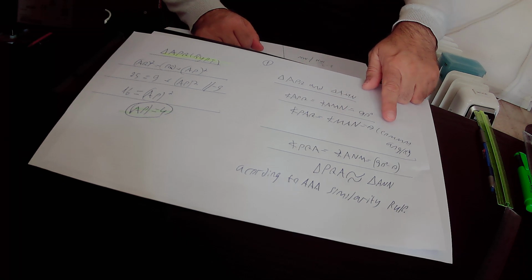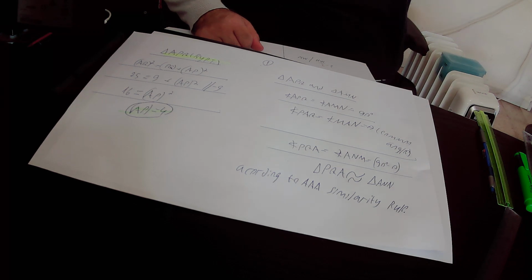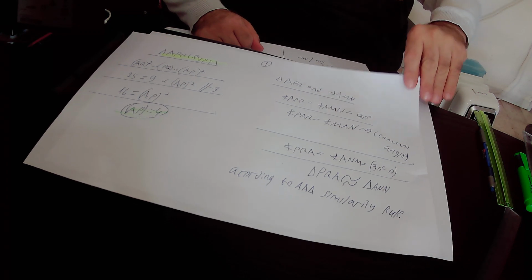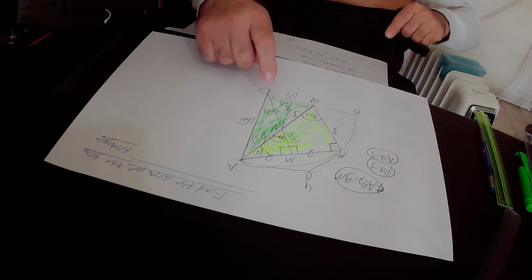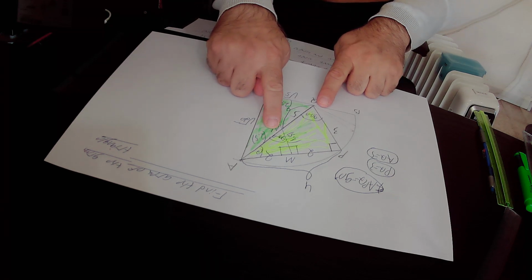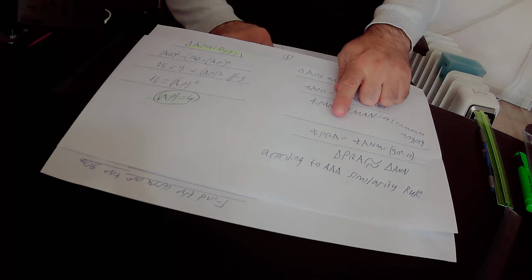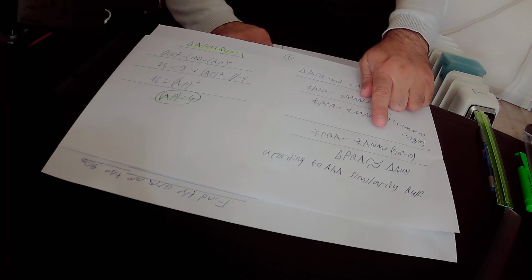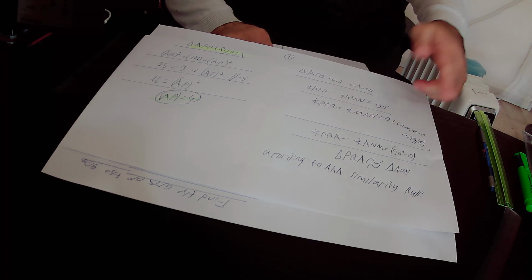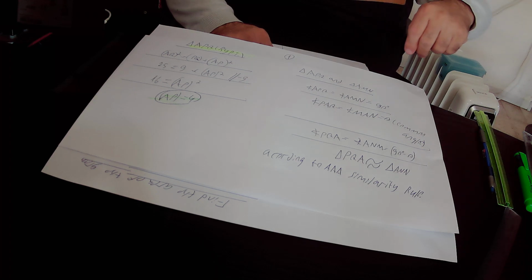So angle theta equals itself, that is a common angle that belongs to both triangles. And finally, those two angles are both equal to 90 degrees minus theta, therefore they are equal to each other. Repeat again. Angle PQA in the big triangle is equal to angle ANM in the small triangle. They are both equal to 90 degrees minus theta, therefore they are equal to each other.